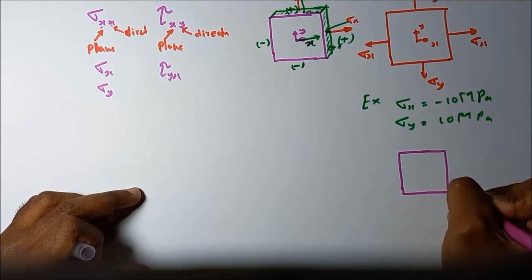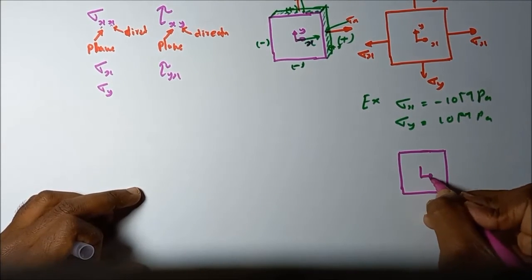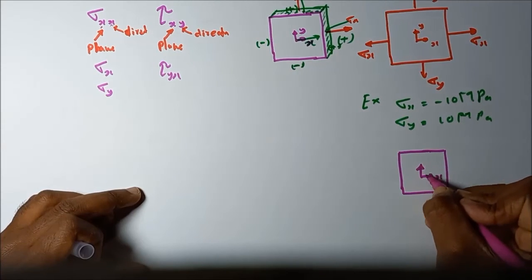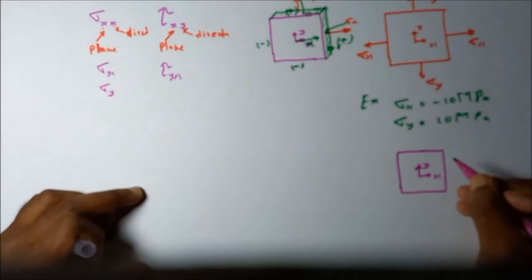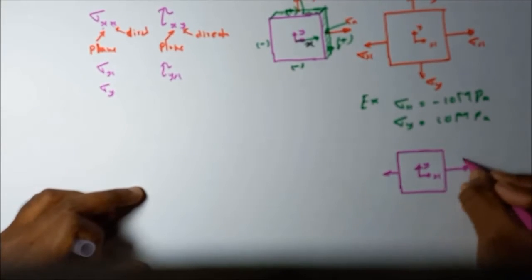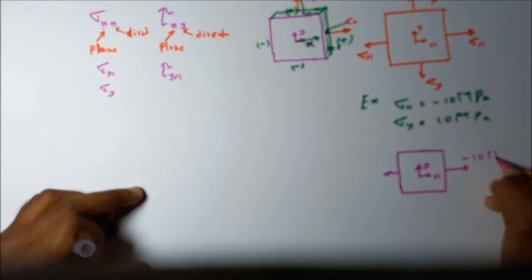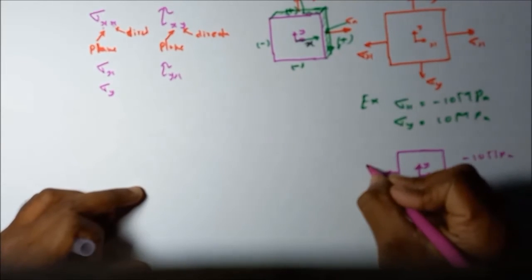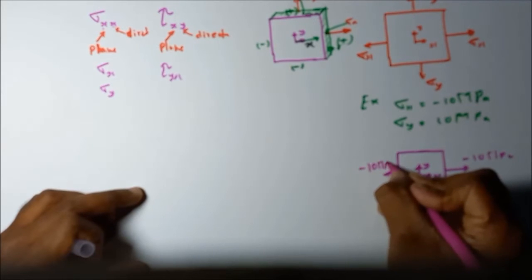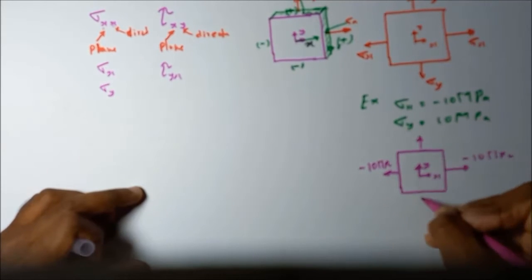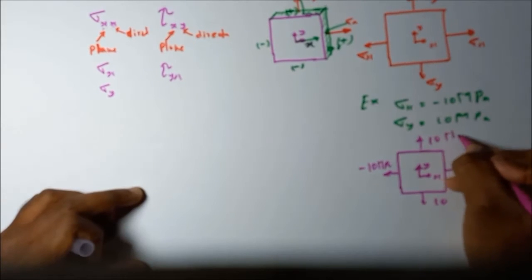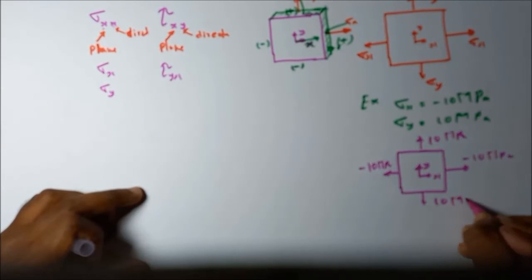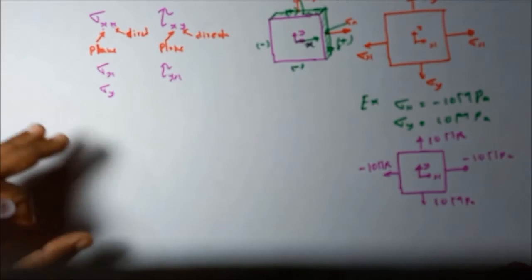This is the stress element we are going to mark, and these are the coordinate axes for this stress element. Sigma x is negative 10 megapascal, so this is how we mark it: minus 10 megapascal. Here, sigma y is 10 megapascal. This is how we mark the stresses according to the sign convention.